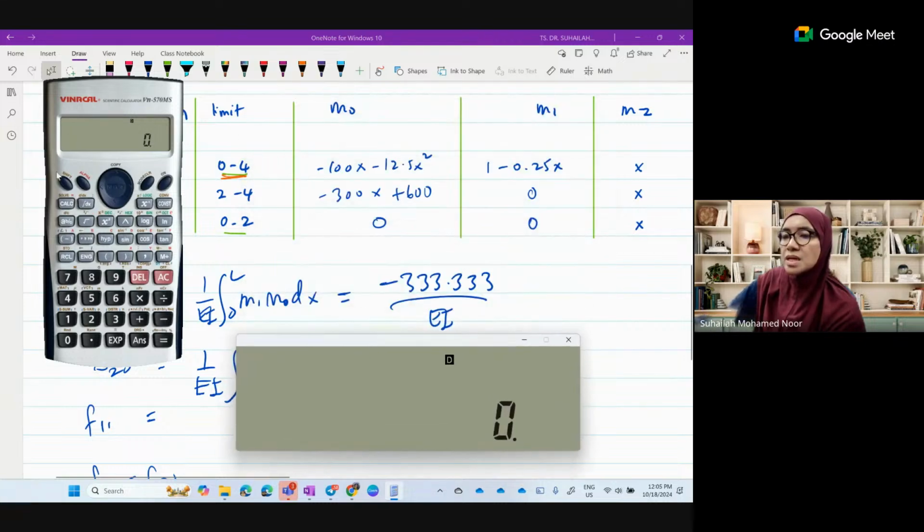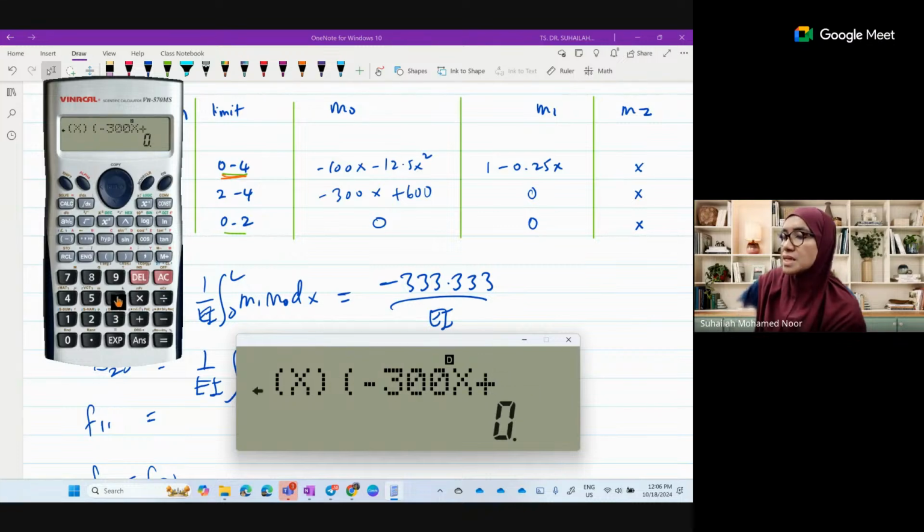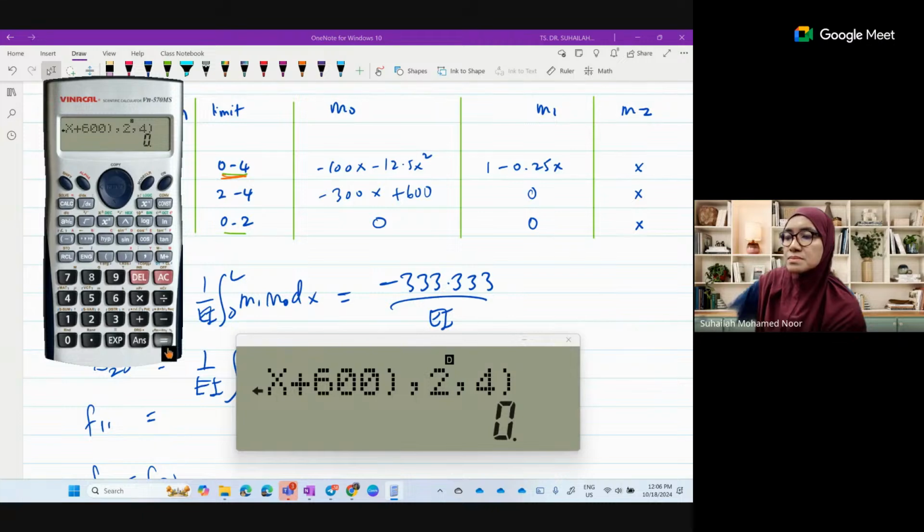Sekejap. Okay ni. Integrate X, kurungan X alpha X and negative 300 X alpha X plus 600, tutup kurungan, comma 2 and 4.